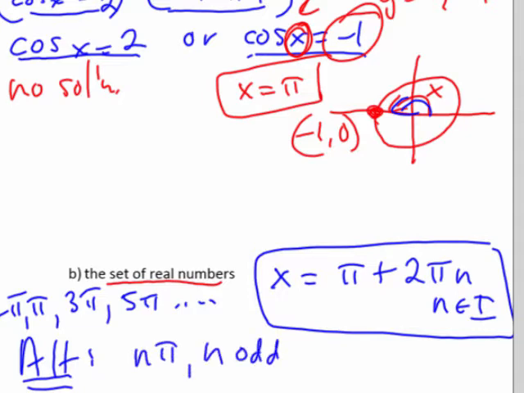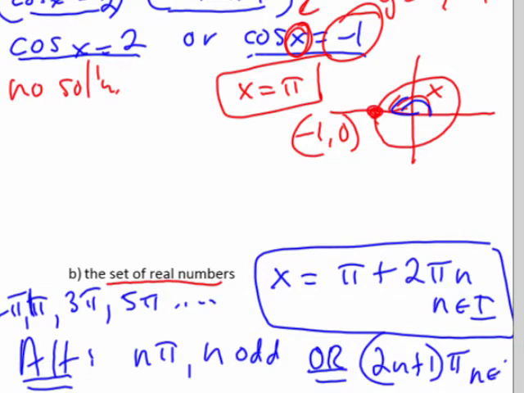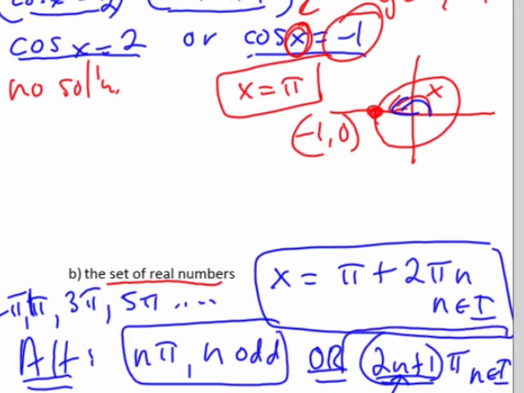So 1 pi, 3 pi, 5 pi, 7 pi, right? Or even another way to say it would be, since odd integers are of the form 2n plus 1, if you put any integer into this, it's going to produce odd numbers, 1, 3, 5, 7. So you actually have three different ways that you could state the general solution. 1, 2, and 3.